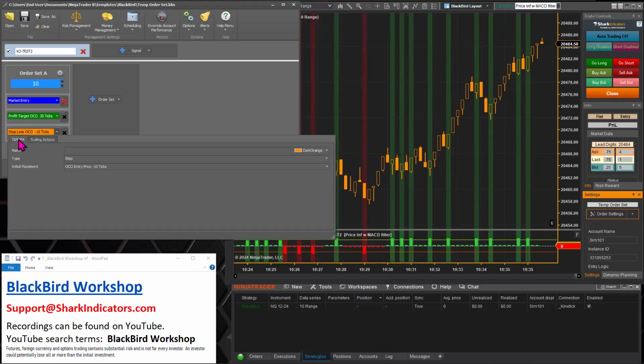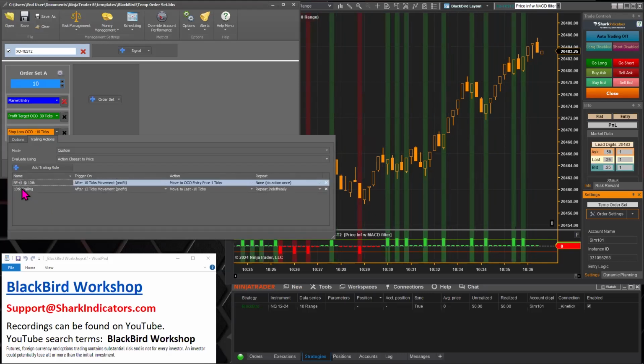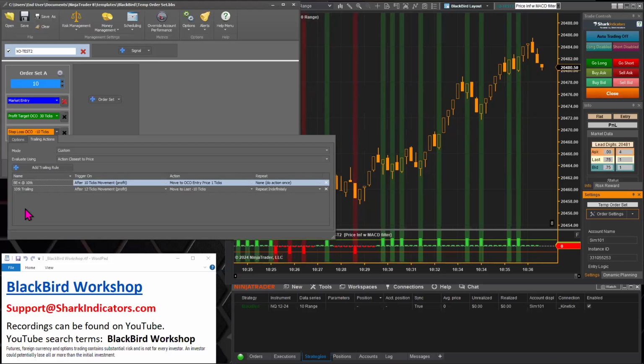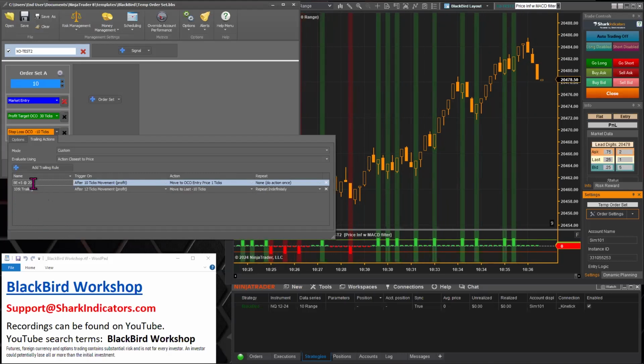The stop loss just starts off at 10 ticks, so the initial placement is good to go, no changes. Let's go to the trailing actions here, and this is where we'll need some changes. Brahm wants to use a break-even +5 at 20 ticks of profit. So we'll adjust the name there.